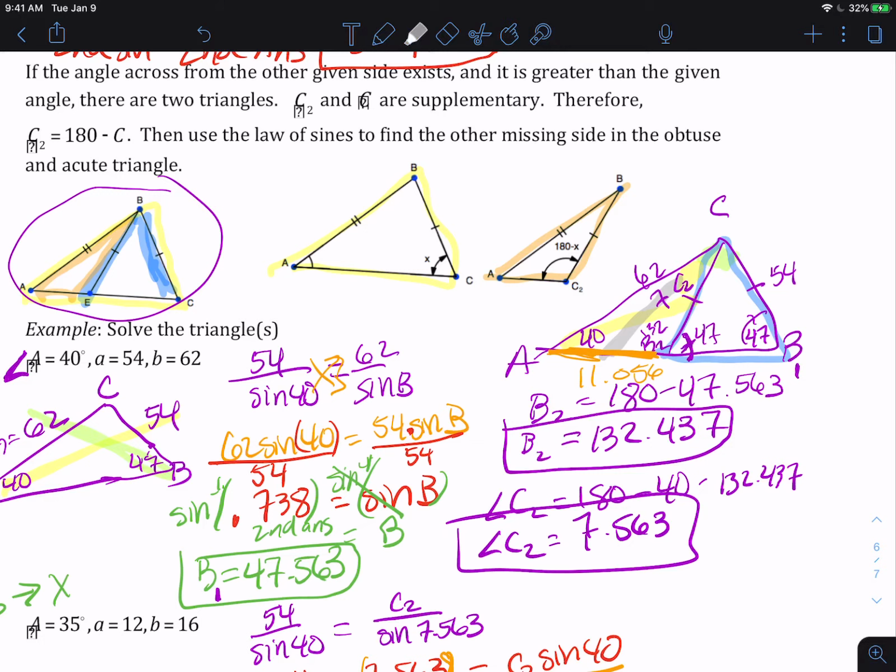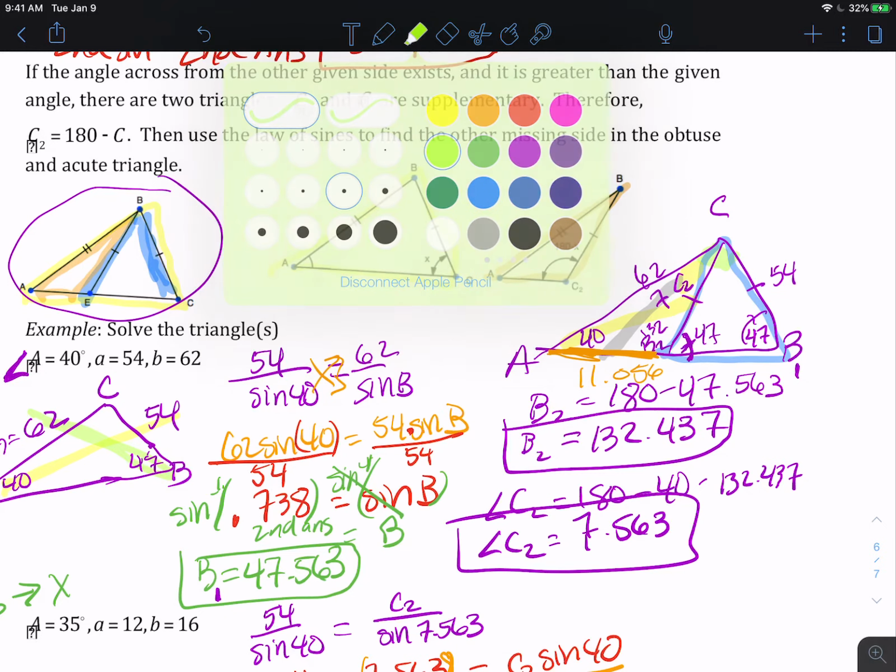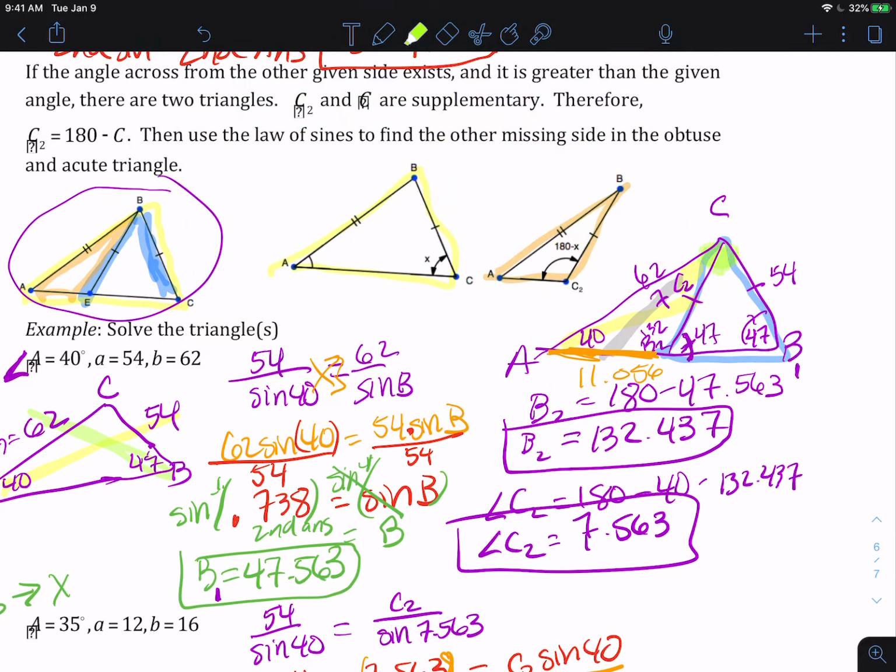But if we go back and we look at our triangle, I still am missing the green angle that we have, this one right here, still missing that full angle, and I'm still missing this side of the whole thing. So what I'm going to do is I'm going to go back and I'm going to think about the big triangle that we have. So let's see here, this triangle that we have. Right?